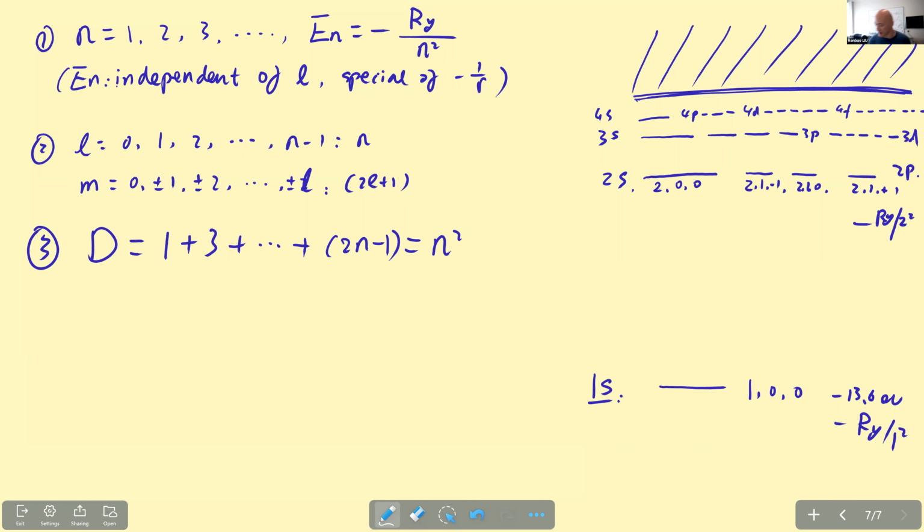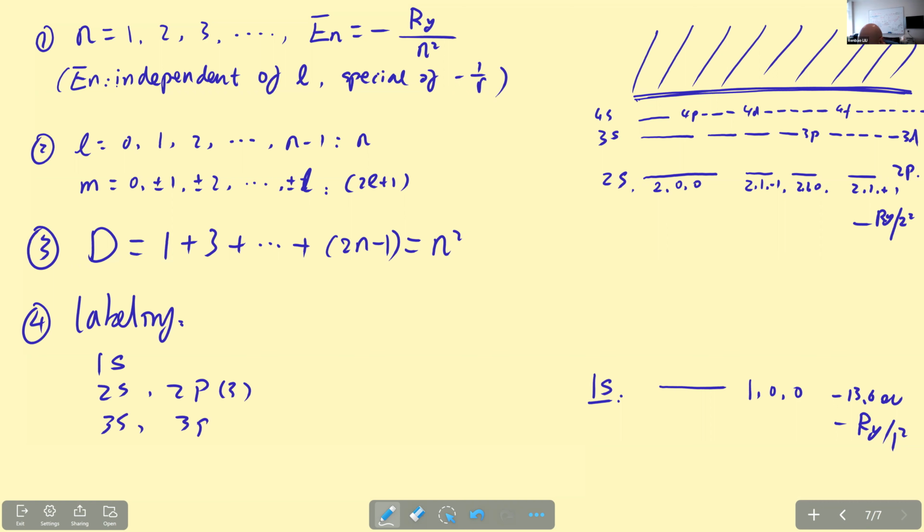Okay. So the labeling of the states is 1s, 2s, 2p, there are 3 states. 3s, 3p, there are 3 states. This is for L equals 1. And 3d, this is for L equals 2, there are 5 states.